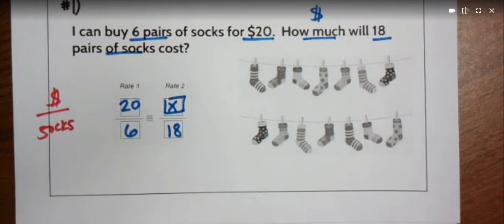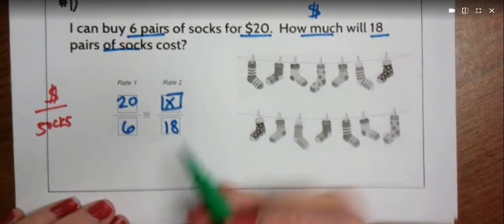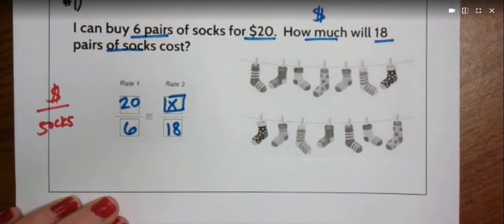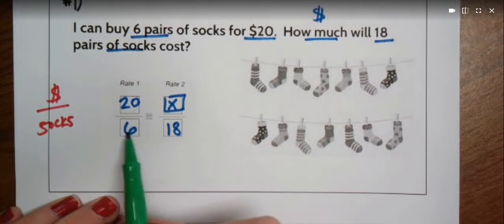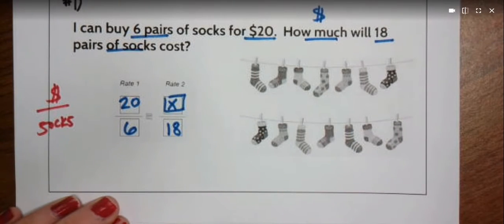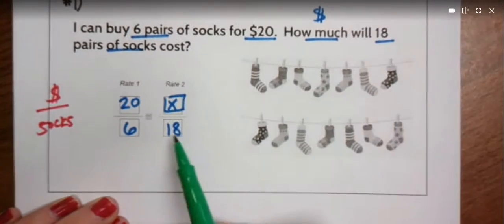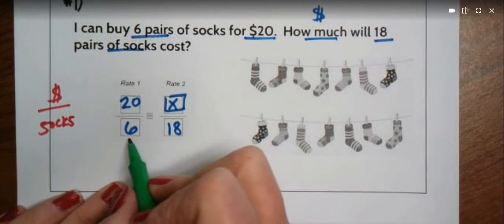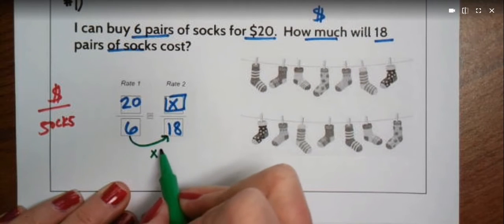All right. So let's look at this pair of equal fractions, our equal rates. Let's look vertically. Do you see a relationship between 20 and 6? Me neither. Let's look horizontally. Do you see a relationship between the numbers 6 and 18? Yes. If you see a relationship vertically or horizontally, do that first before you look diagonally. So I can see to get from 6 to 18, I multiply by 3.